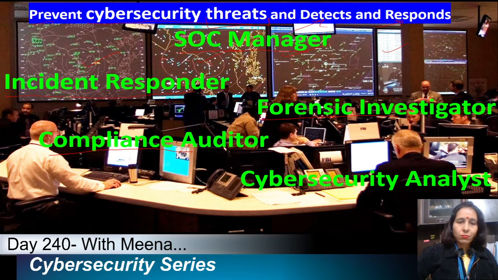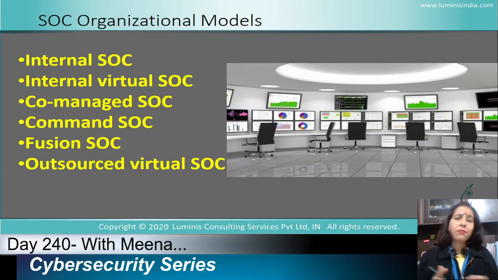Clear? And when we are talking about the organization model, there are different organization models that exist. Whether you are having a complete in-house SOC center, your company has a lot of resources and manpower so that they can establish their own in-house internal SOC.